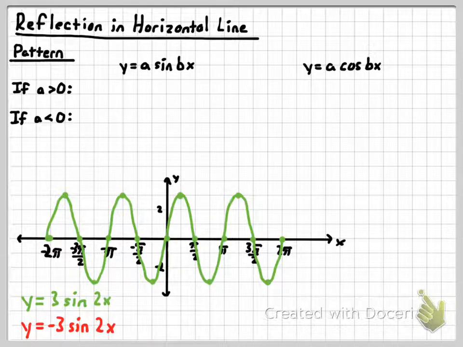You might remember that you can reflect a function in a horizontal line simply by multiplying it by a negative value. Anytime a is positive, such as in y equals positive 3 times the sine of 2x, you know how to graph that kind of thing now, don't you? I'm going to discuss the pattern of the points in the sine function and in the cosine function for when a is positive.